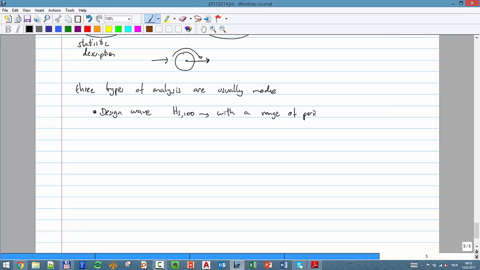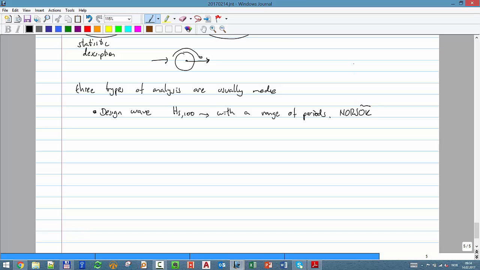And with a range of periods, and just so that you have it as a reference, NORSOK, the Norwegian Standard, I'm not sure what the OK stands for, is the equivalent to the API in Norway.